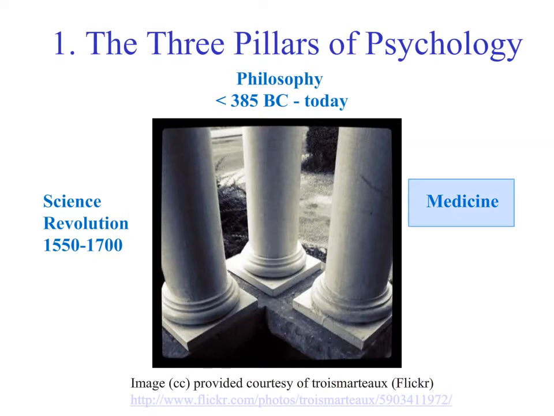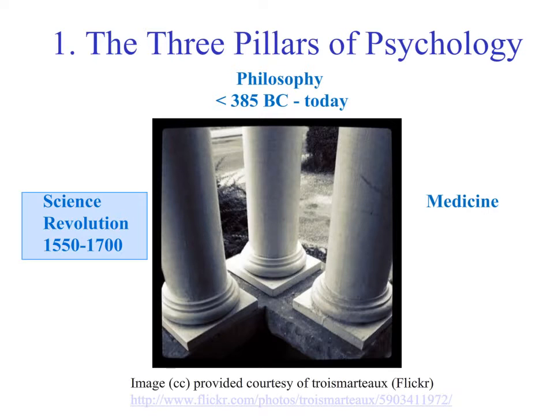Another very important area that dates back as far as the philosophers is medicine. We've always been interested in what this thing in our head does. For some, it was a cooling mechanism. For others, it was the source of this thing that we call the mind and our mental processes and structures.